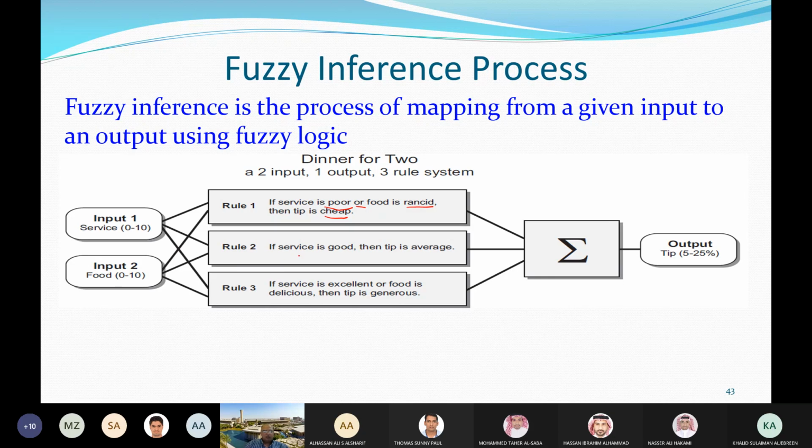Second rule is if the surface is good, regardless of the food quality, then the tip is average. If the surface is excellent or the food is delicious, then the tip is generous. So these are the rules that you have for the restaurant example.